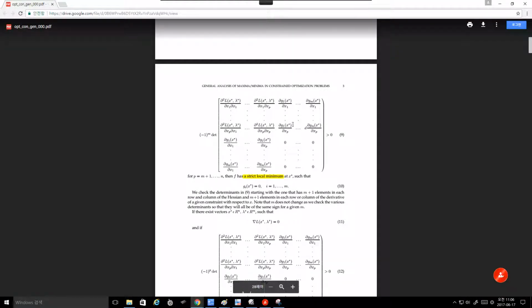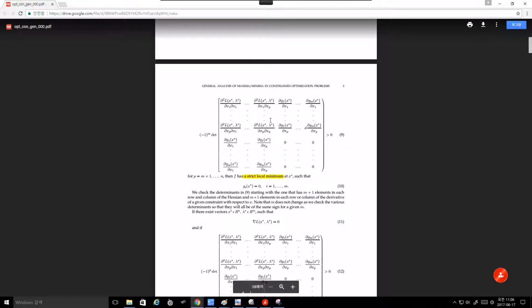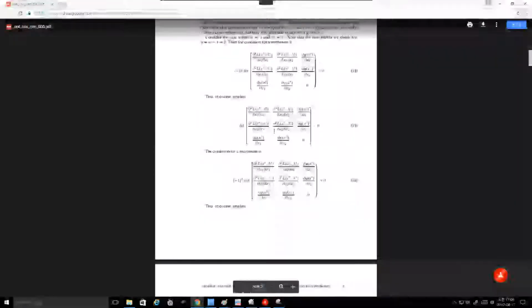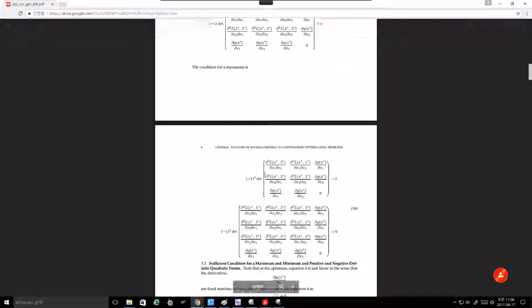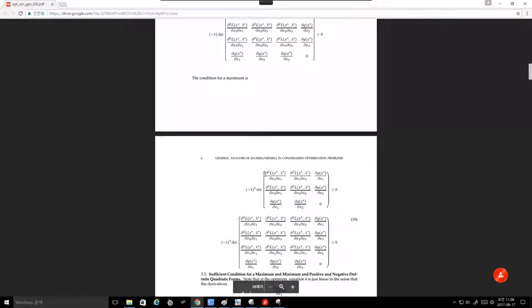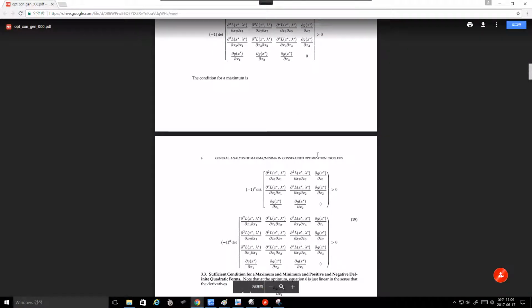You can find the discussion here. This is the condition for a local minimum. This is the condition for a local maximum. And the other cases are all saddle points. So first you check the first order condition like this one, and then you check the second order condition discussed over here.